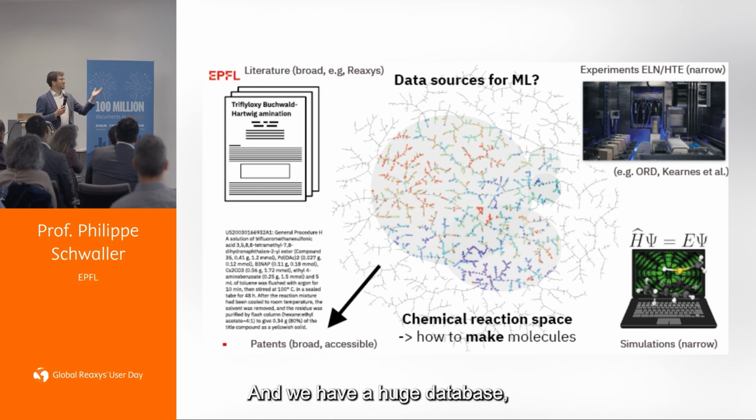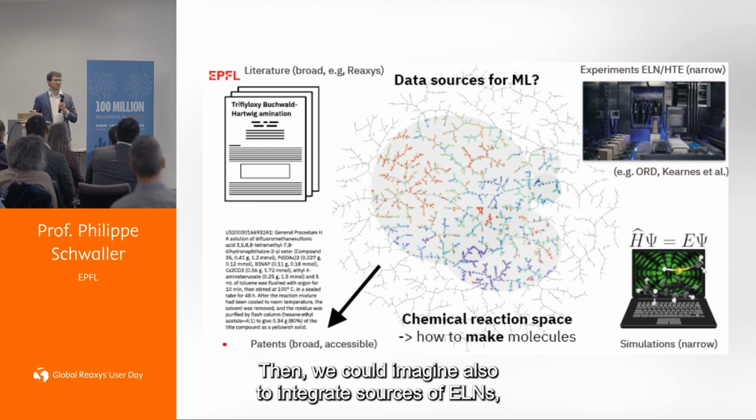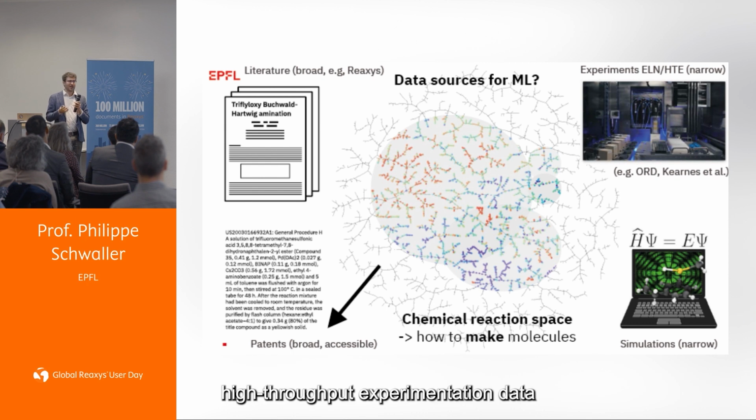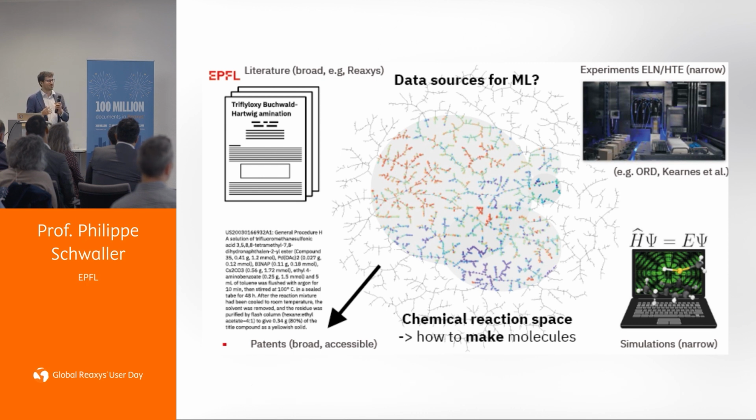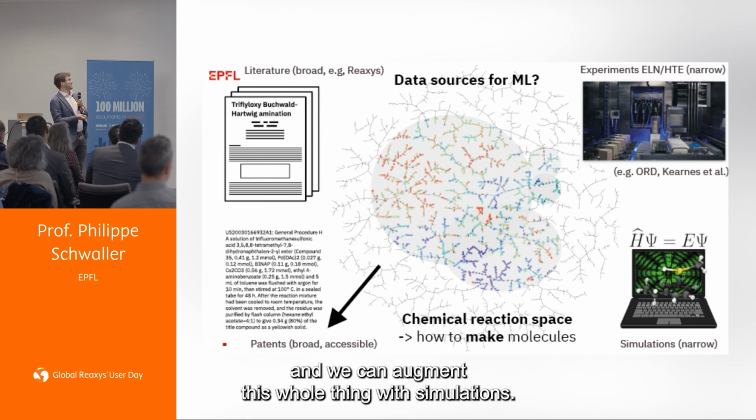And we have huge databases such as Reaxys that collected high quality data for a long time. Then we could also imagine integrating sources like ELNs and high-throughput experimentation data, but they often cover a much smaller space of chemical space, and we can augment this whole thing with simulations.